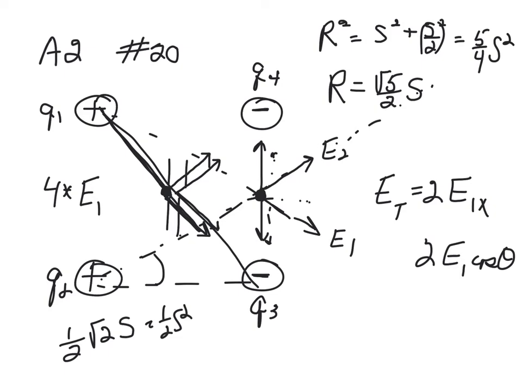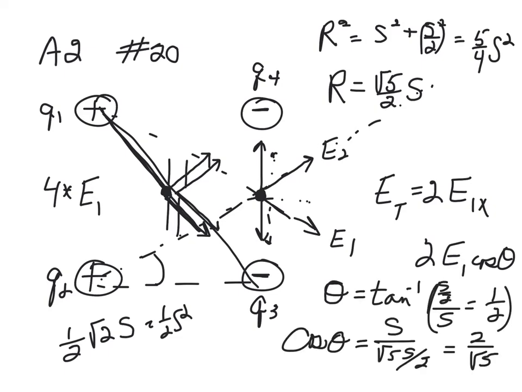Actually, let's just find the cosine of theta. All right, getting a little messy, but this angle theta, if we take theta is the inverse tan of the opposite, s over 2, over the adjacent s. So I'm getting theta that way.